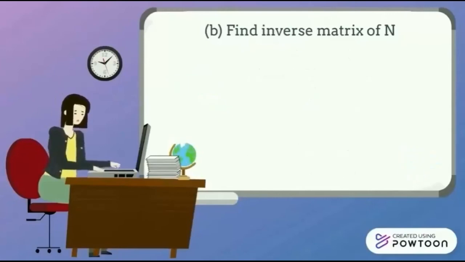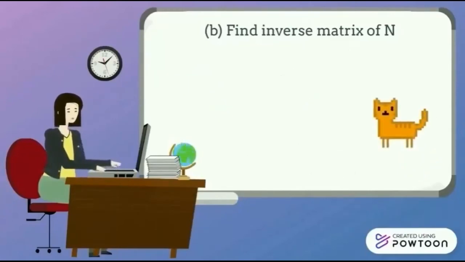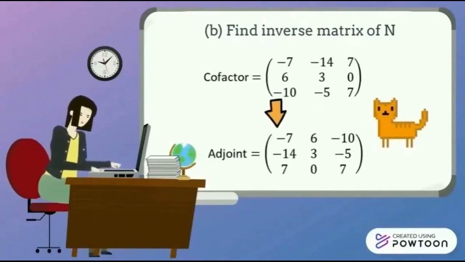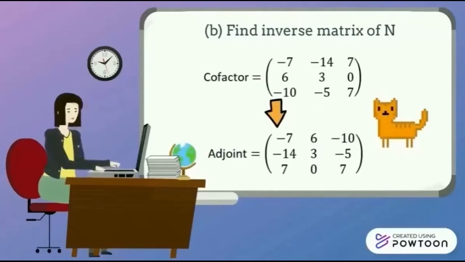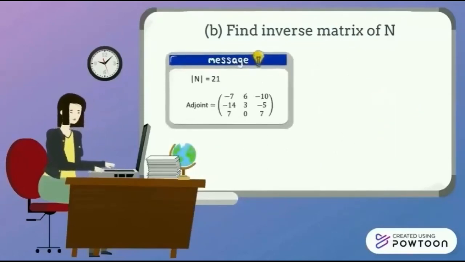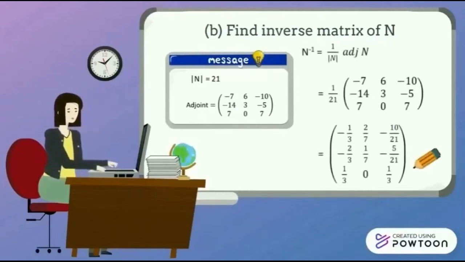Then we can get the adjoint from the transpose of cofactor. Since we have the determinant and the adjoint of matrix N, we can find the inverse matrix by using the formula. Then we can get the answer of this question.